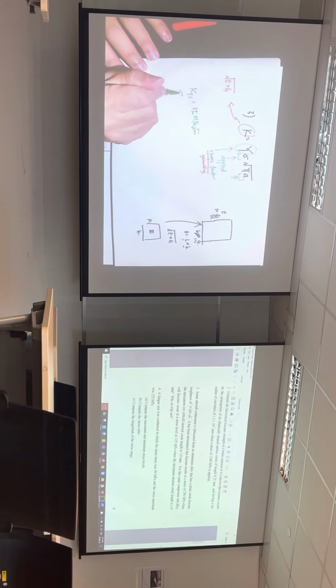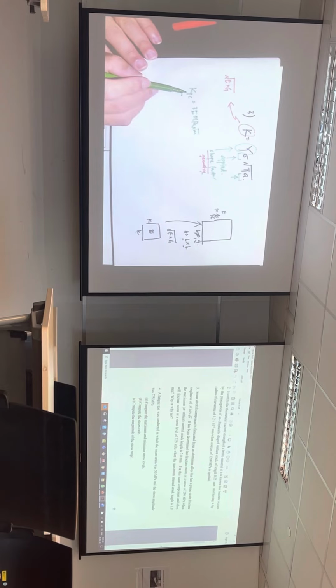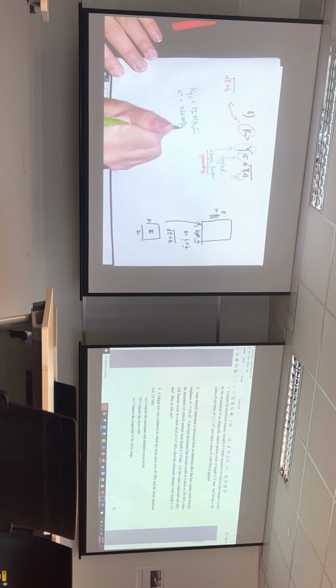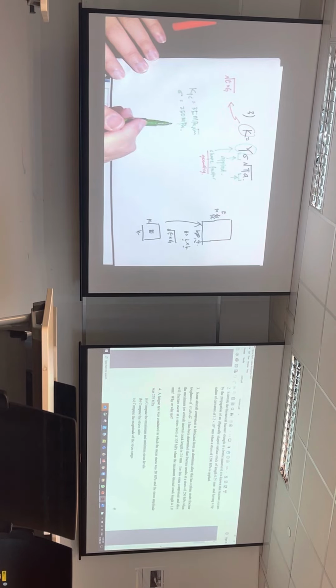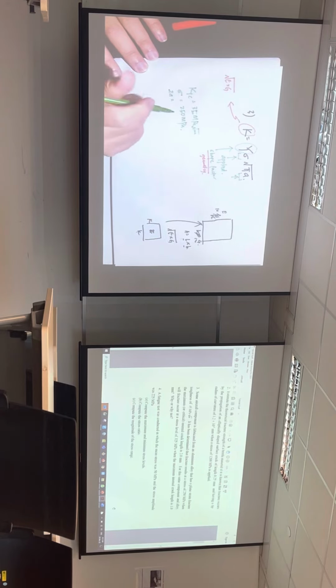K1C is basically the limit when the thing will fail. This sigma is actually 250. This is what you apply, when the maximal internal crack, 2a, is equal to 2.0 mm.